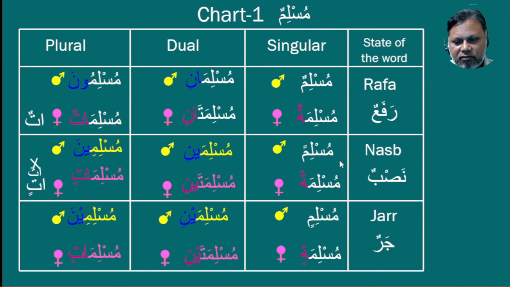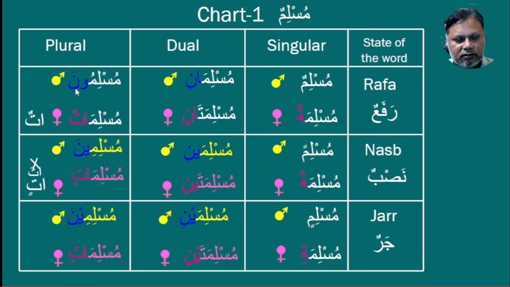So this table is important for us. We can see that for both female and male, in case of dual and plural, there are two states to disclose. In the dual, both female and male disclose two states: for male it has ani and ini, and for female we have ani and ini, the same.